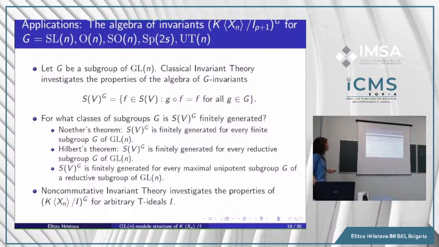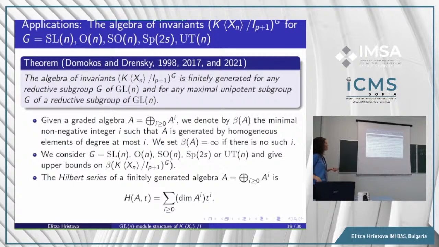Domokos and Drensky proved a version of Hilbert's theorem in this setting, which says that if we take the T-ideal I to be generated by long commutators, then this algebra of invariants is finitely generated for any reductive subgroup of GL_N and also for any maximal unipotent subgroup of a reductive subgroup. And this is almost an if and only if situation, so if we take another T-ideal, then that will not hold.